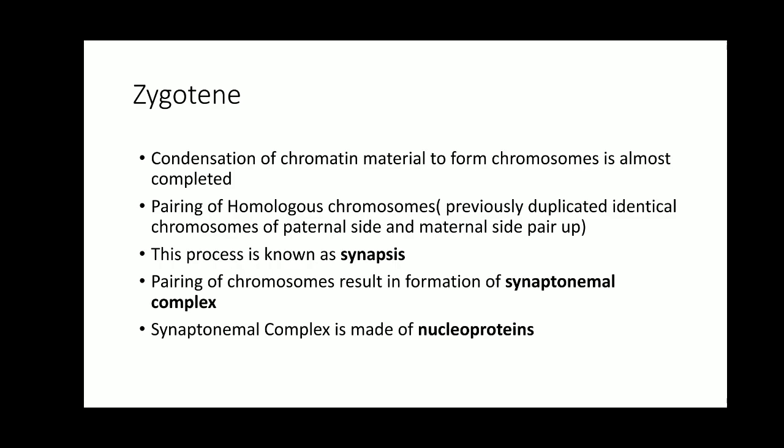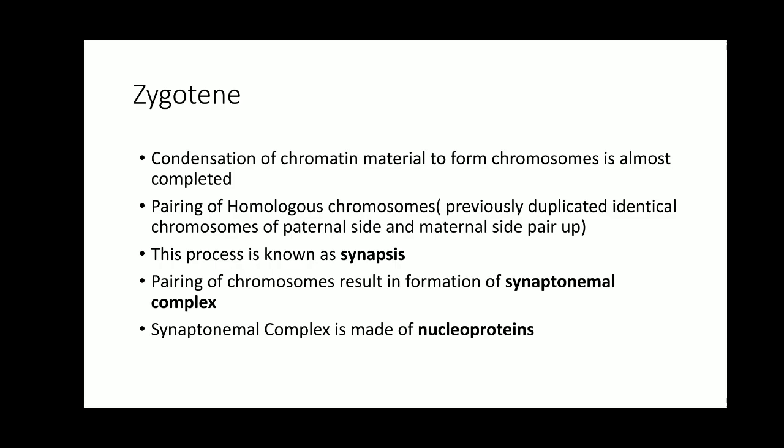Each cell contains a diploid set of chromosome number, that is the same type of chromosome exists in a pair. That is, one set is derived from the paternal side and the other set is derived from the maternal side.